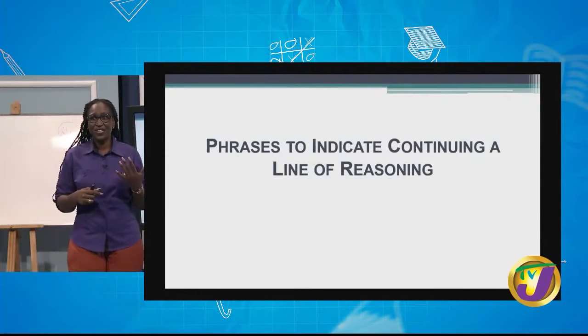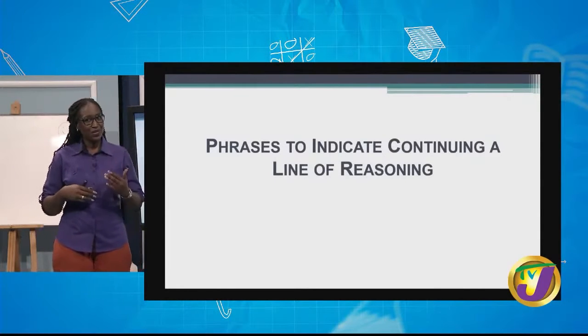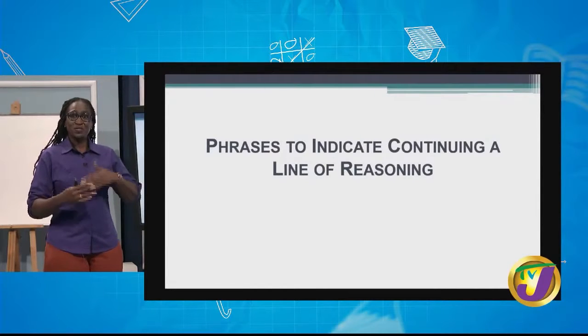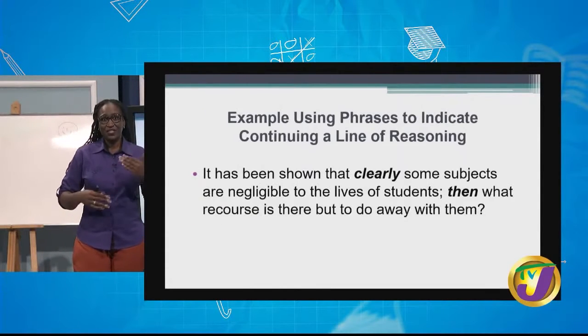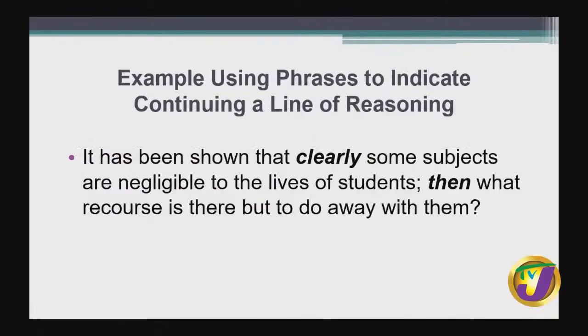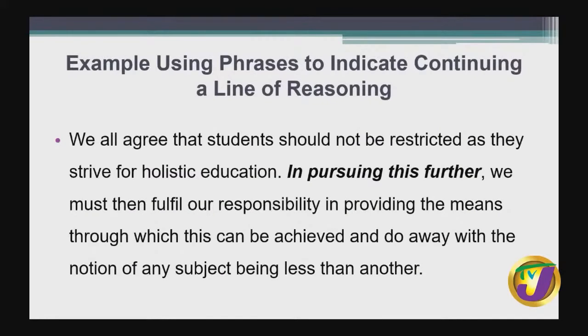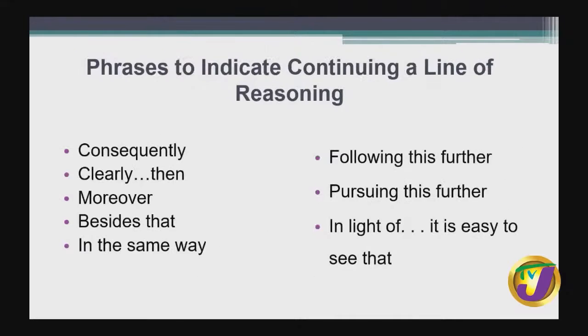Now we're moving into phrases that indicate a continuing line of reasoning. So you started developing an idea. These phrases now are going to help you to continue to develop that idea. These phrases are going to strengthen what you're saying. So look at the examples of the phrases that you can use. So you can use consequently, clearly, ellipsis, and then.